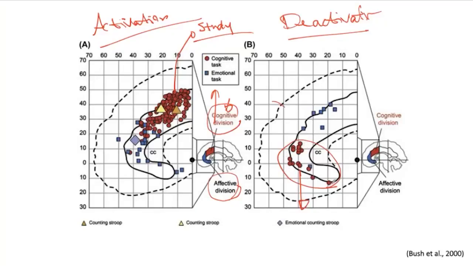As you can see here, those few limited studies that reported deactivations show deactivations for cognitive tasks in the subgenual part, and deactivations for the affective task in the dorsal anterior cingulate parts, and that is also interesting. And then we have two parts discussing prefrontal cortex lesions and clinical implications, and how these things are going to be important.